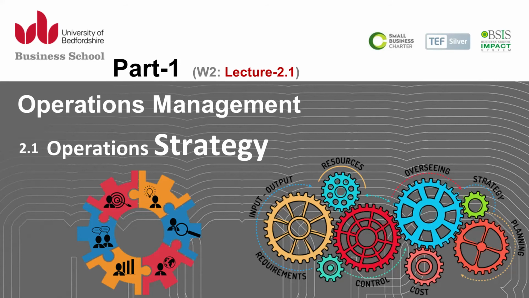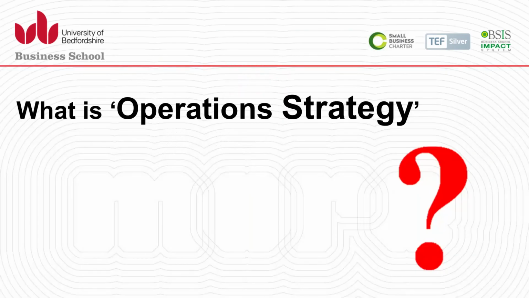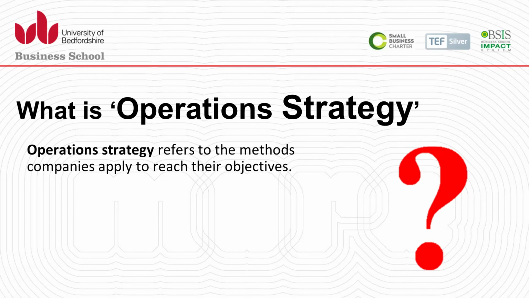We're going to ask the same question as every time we start the lecture, and that is what exactly we mean by operation strategy. It has been defined that operation strategy refers to the methods and techniques companies use or apply to achieve their set objectives.